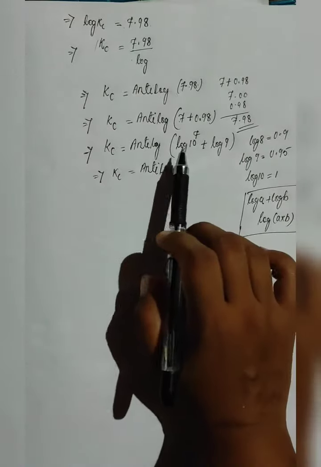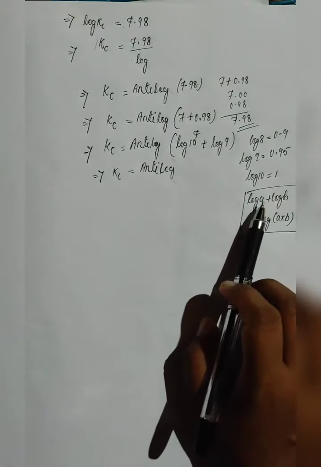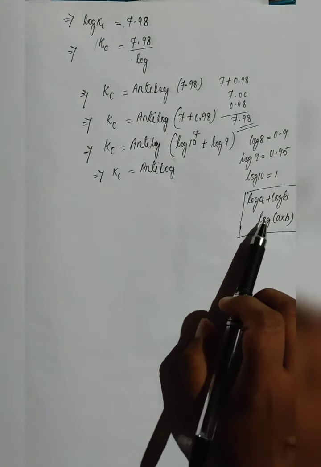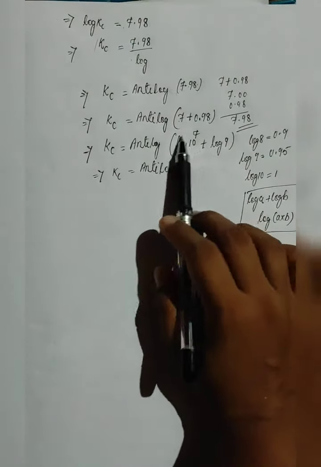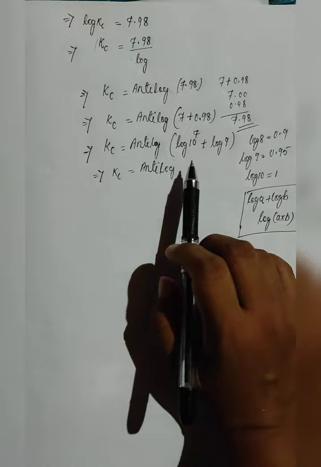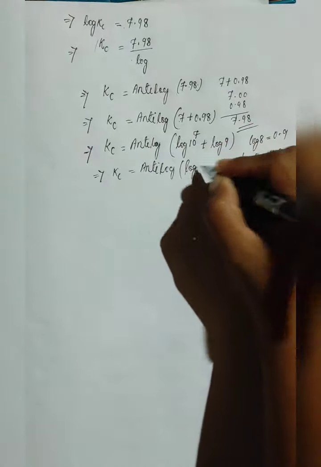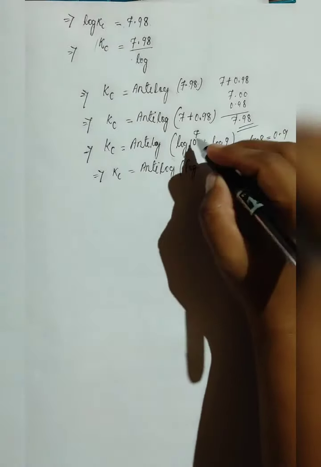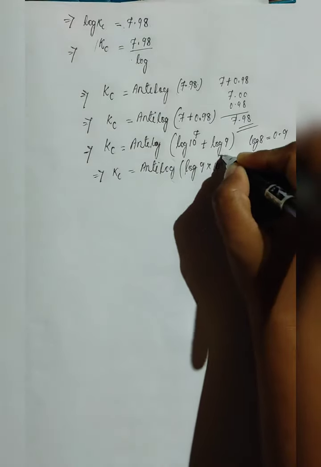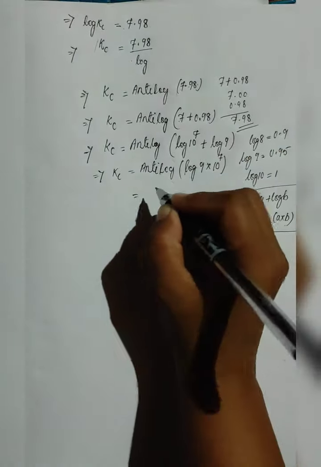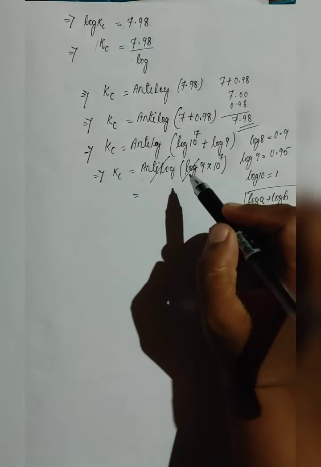Now this is in the form of log A plus log B. Now log A plus log B is written as log A into B. So this very thing can be written in the form of log A into B. So what we will write is log, this is taken as A, this is taken as B, log A into B. Now anti-log and log will get cancelled.